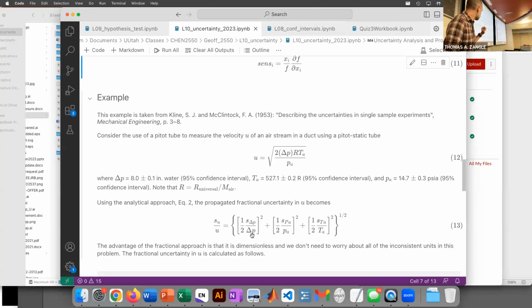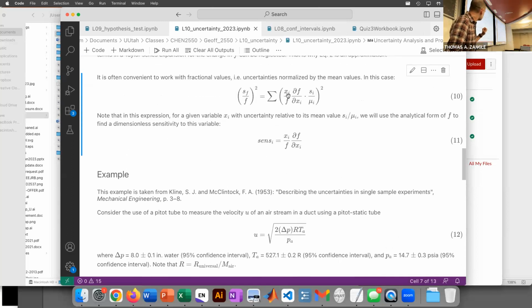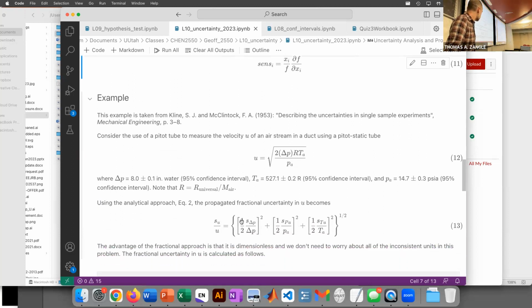So that's how we'd find this S delta P over delta P. And if you go through and do the calculus, take the partial derivative and multiply it by delta P over U, so it'd be delta P over U times the partial of U with respect to delta P, what you end up with is 1/2. So this coefficient here becomes 1/2.